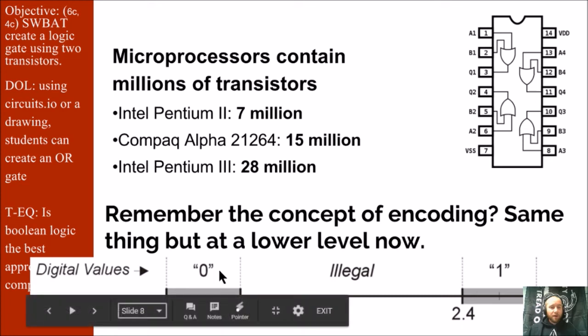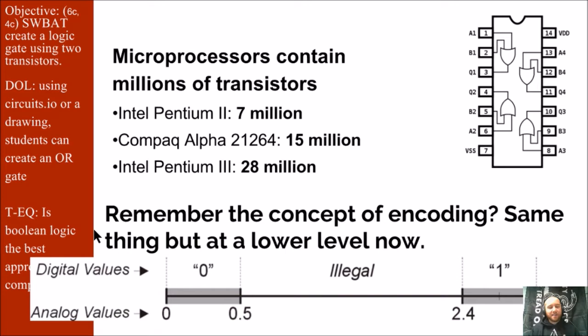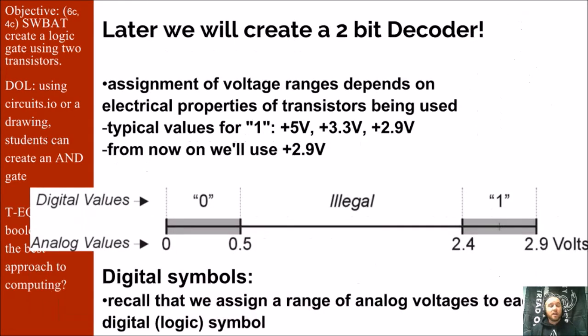And I should clarify, when I say the electricity is either there or not, I'm not even completely telling the truth there. What a 0 is to a computer is anything that has 0 to 0.5 of a volt. So if there's a tiny bit of electricity there, it's totally fine. And then to make it a 1, typically a transistor will need either 2.4 to 2.9 volts to register as a 1. Later in this unit, we'll talk about a 2-bit decoder.